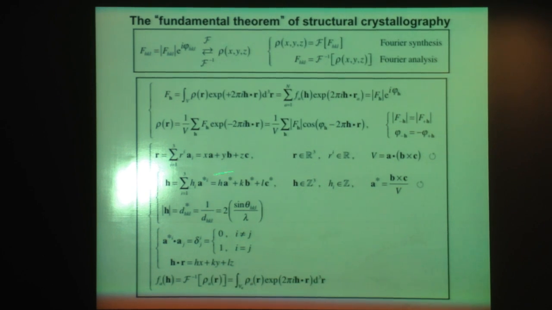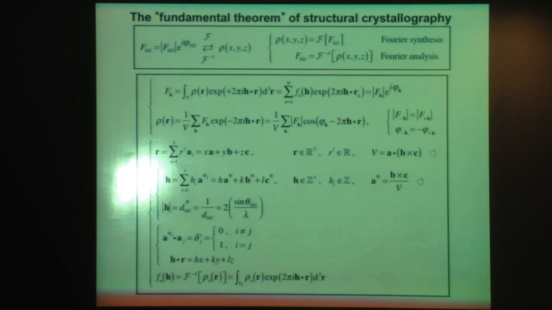Similarly, for the coordinates in reciprocal space, the reciprocal lattice vector is H, K, L, those integers, times each appropriate reciprocal lattice repeat, or basis vector, A star, B star, C star.